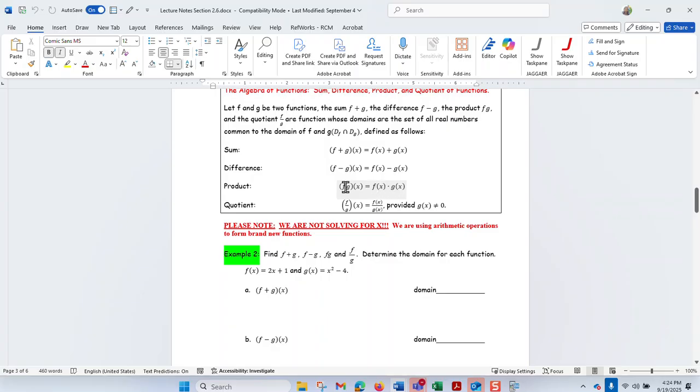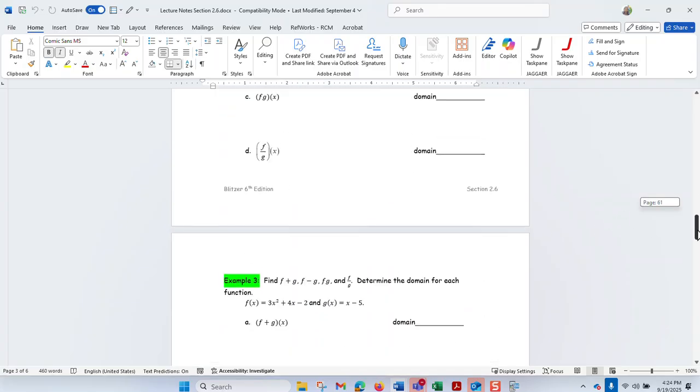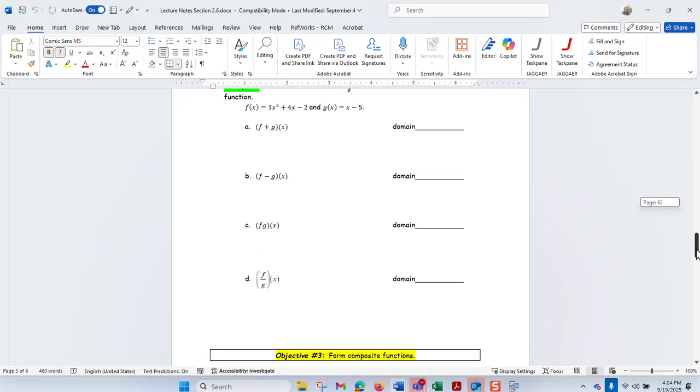If you do not write anything, fg also means multiply. f over g means division: you have f of x in the numerator and g of x in the denominator, and the denominator cannot be 0. That is the multiplication algebra operation.